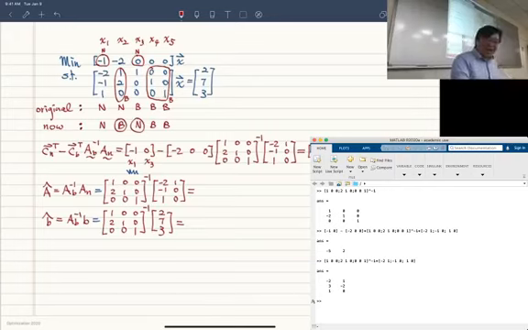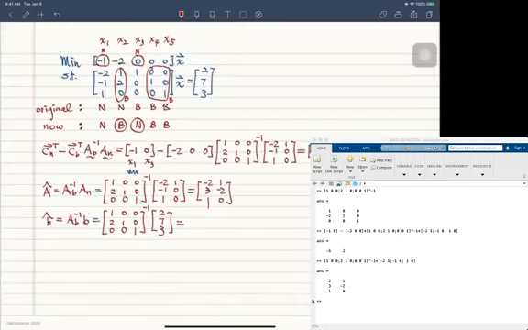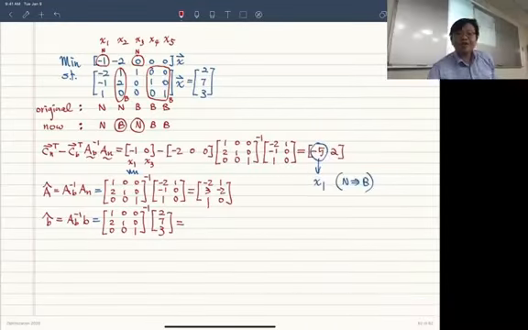So this will be my A hat. -2, 3 and 1, 1, -2 and 0. Oh, sorry, my MATLAB was blocking the screen.